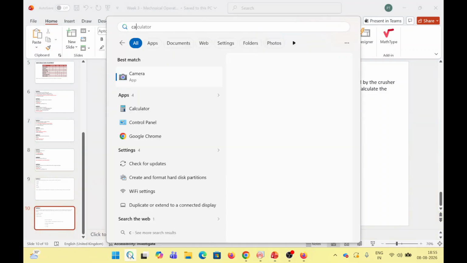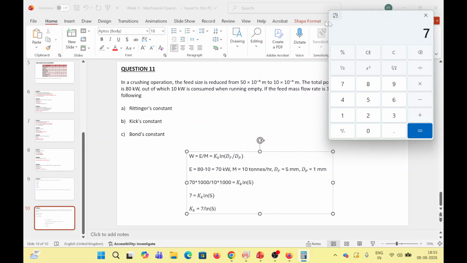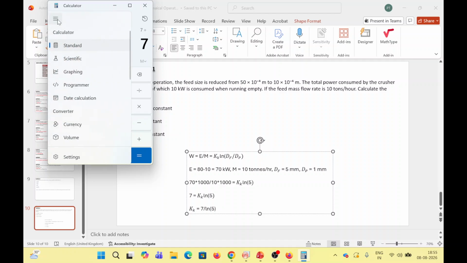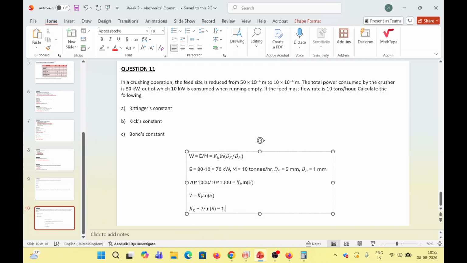So let me use the calculator. 7 divided by ln 5, which is 1.609, and the unit is watt per kg.